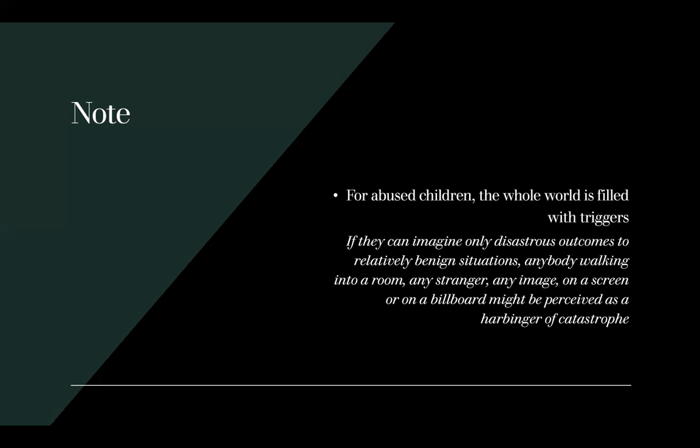So everything potentially that a child comes in contact with is a trigger. So if you are accustomed to poor outcomes, harmful outcomes, abusive outcomes, you will assume that that is going to happen.